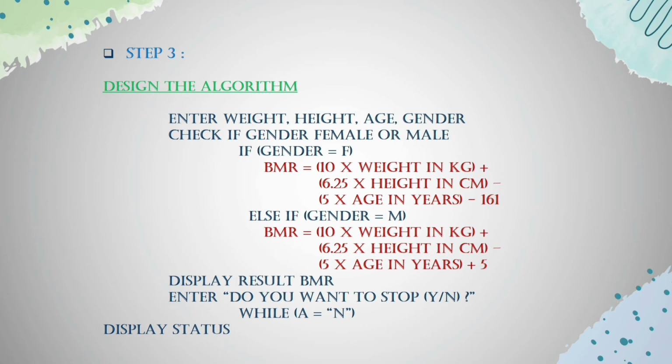Else, if gender equals M, BMR equals 10 times weight in kg plus 6.25 times height in cm minus 5 times age in years plus 5. Display result BMR. Enter. Do you want to stop? Yes or no. While A equals N, which is no. Display status.